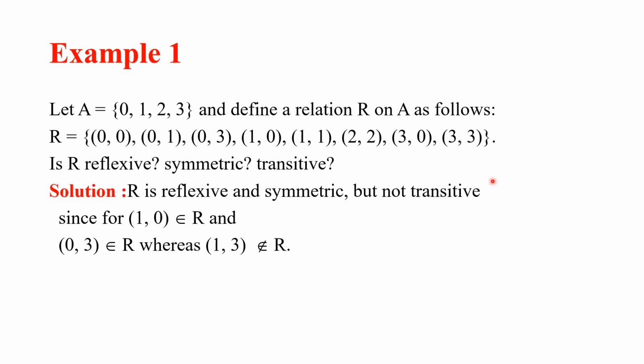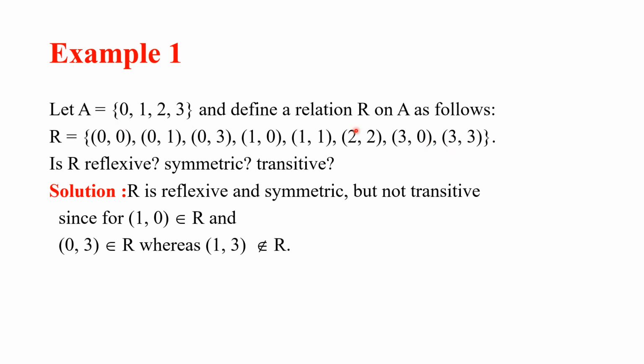And let's practice an example here. So what is asked in the question? Let A = {0, 1, 2, 3}. So A is a non-empty set containing 4 elements, and a relation is defined. The first presentation started with the concept of relation.